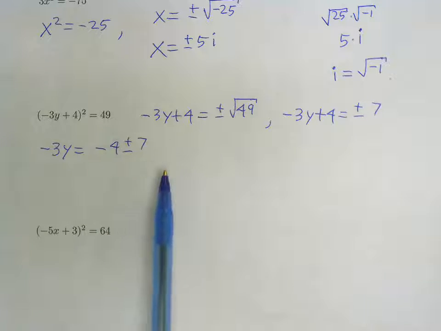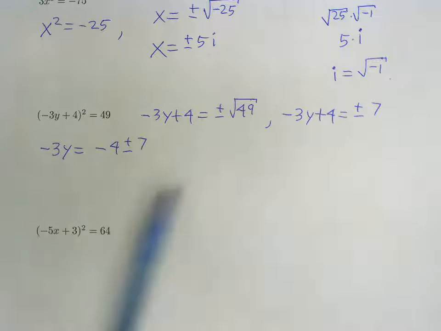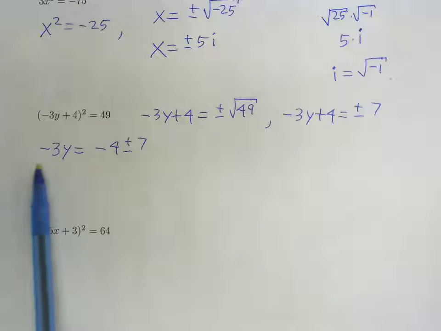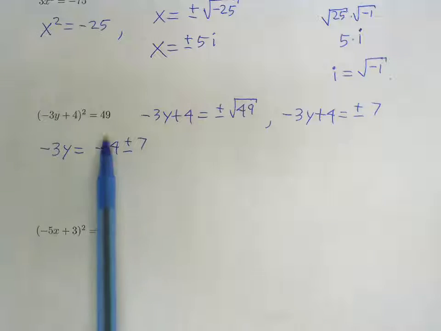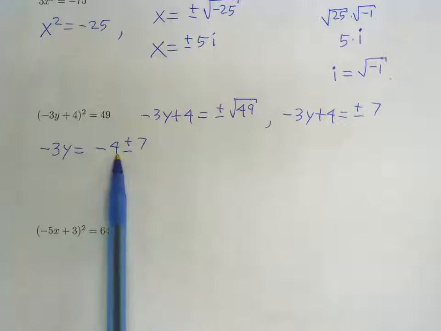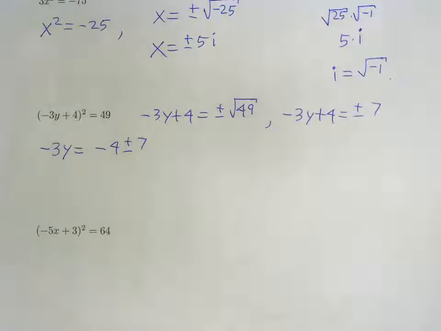We can do that first, or if you prefer, we can divide everything on both sides by negative 3 first, and then deal with writing the numerators separately.